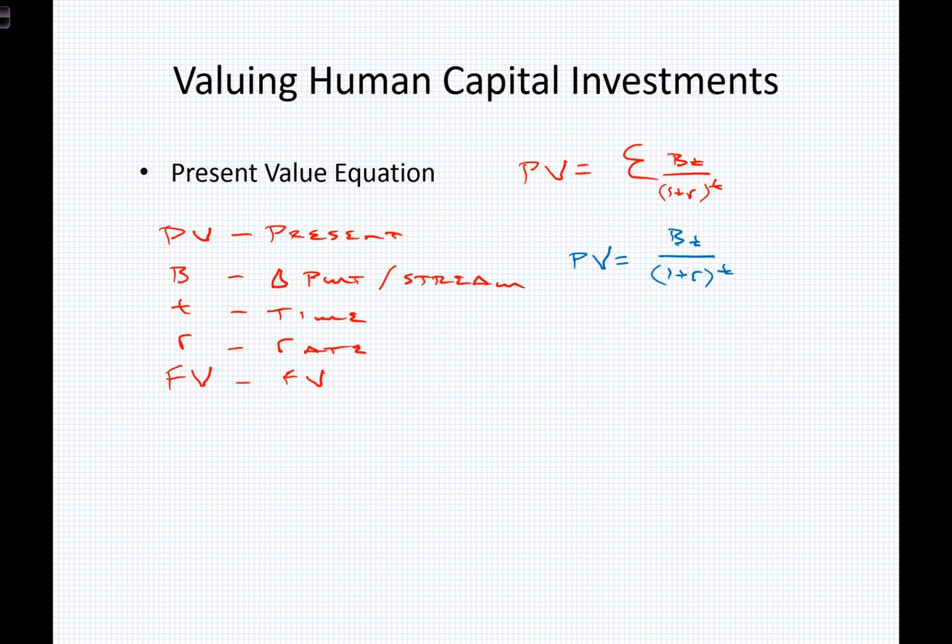Well, let's look at how this present value equation is created. What we're really looking at, if we look at this simple form, what is the value in today's dollars, the present value, if I receive some payment or benefit at a time in the future, and I have an interest rate expectation of R, and where T is equal to time.